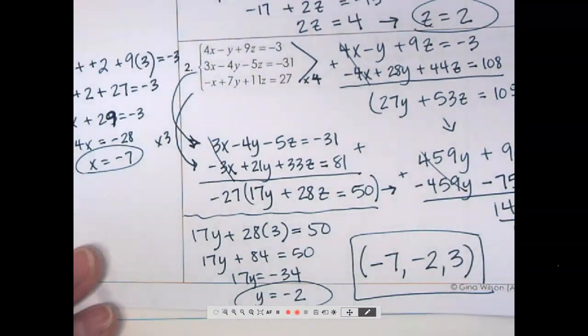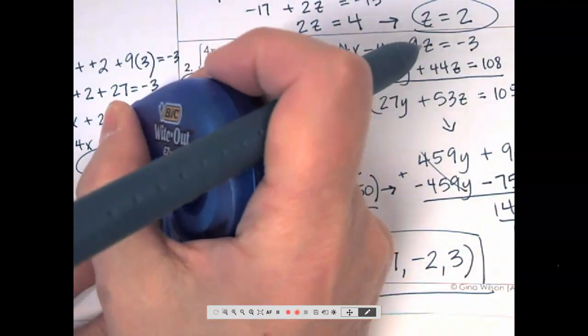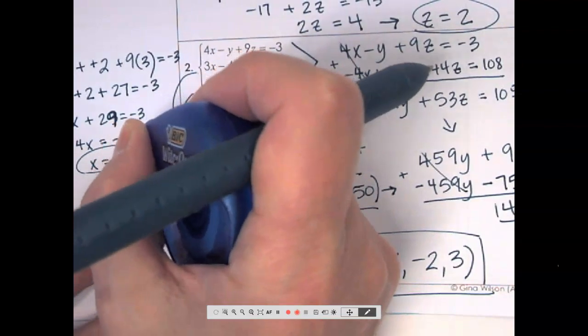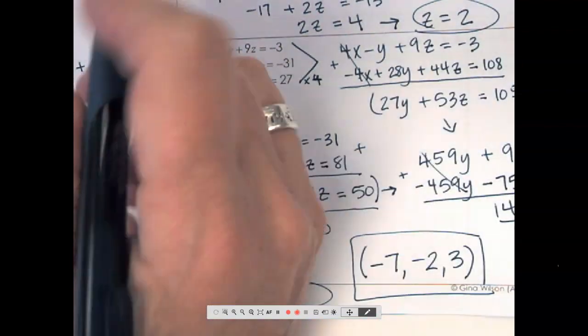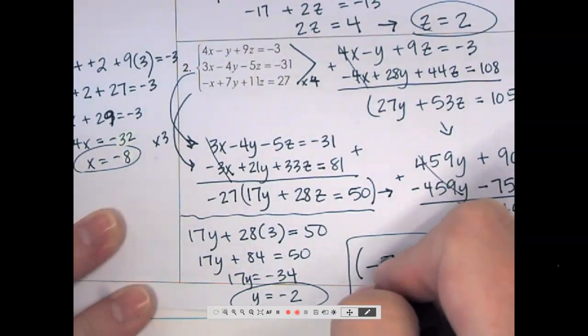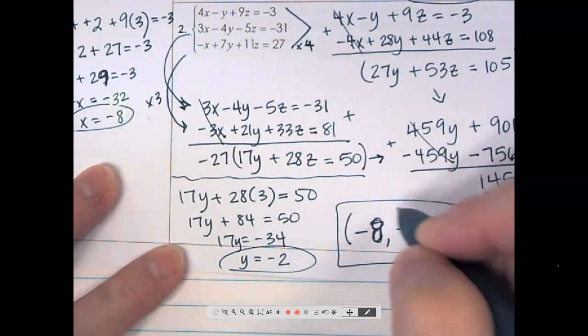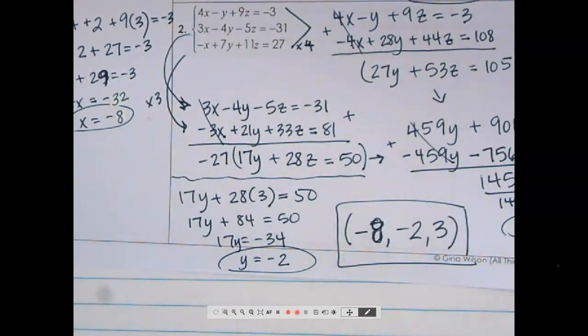And then, let's fix this. 32, 8. Perfect. I don't know what y'all are talking about. I got an 8 too. Okay. Question.